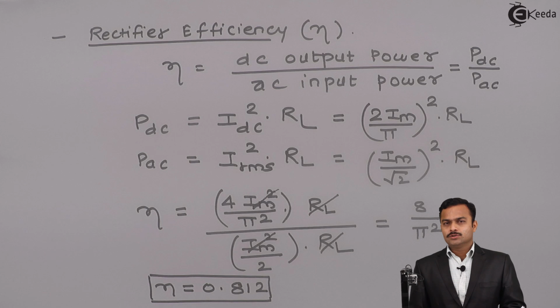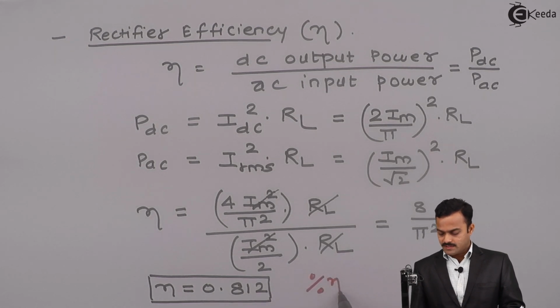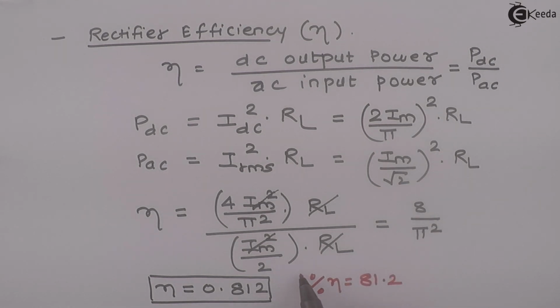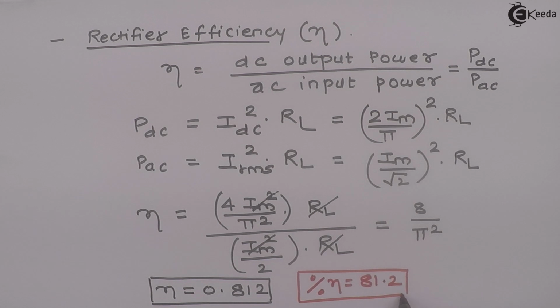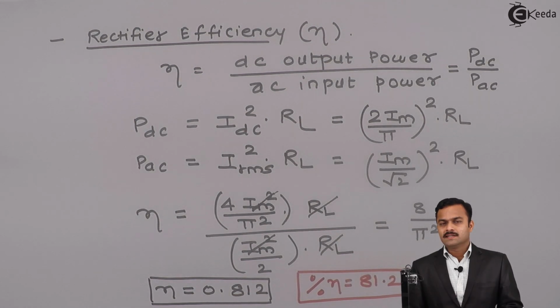If I convert this into percentage, the percentage rectifier efficiency will be 81.2, which is quite higher. It is double that of half wave rectifier.